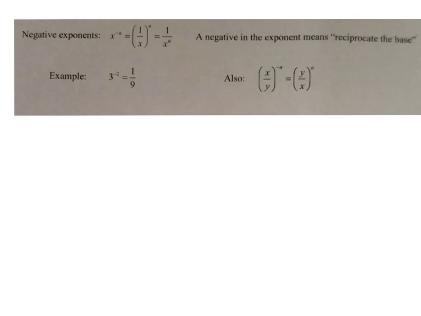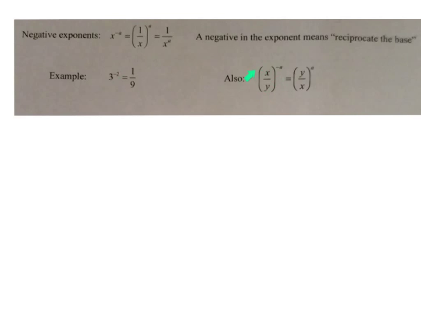So when you're looking here, this says x to the negative a is equal to 1 over x to the a, because 1 to any power is just 1. So 3 to the negative 2 is going to equal 1 over 3 squared, which is 1/9. Okay, again, the negative in the exponent, if you can evaluate 3 squared, the negative just says 1 over.